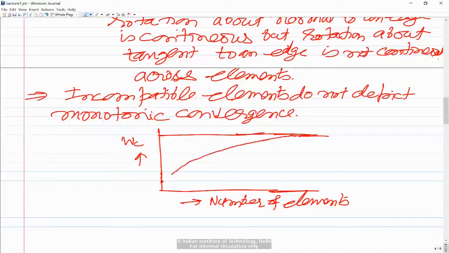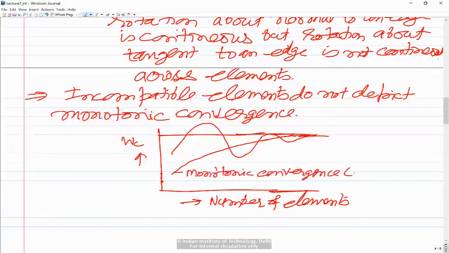But if the element is incompatible, that will give you non-monotonic convergence. So the convergence curve may turn out to be something like this. This is monotonic convergence from compatible elements, if the element is compatible.